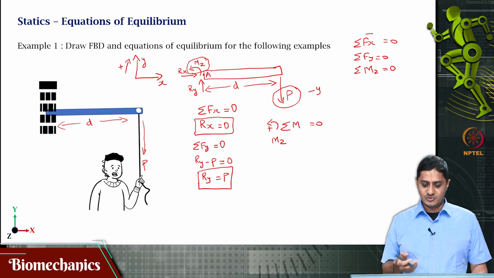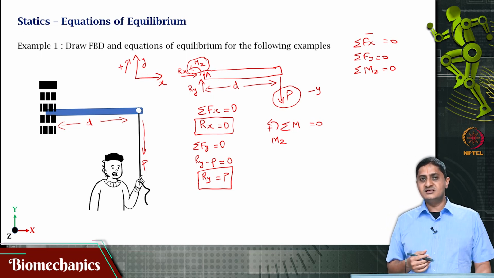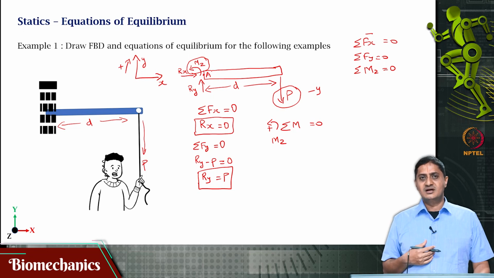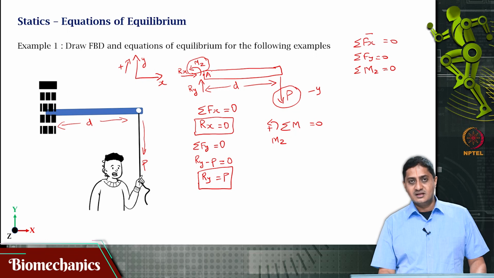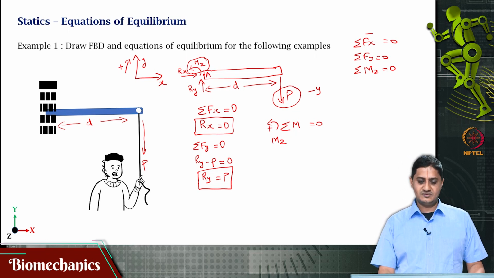When I am taking moment about that point, it turns out, because moment is a vector product of the force itself and the perpendicular distance between the line of action of force and the axis of rotation, and because at A the perpendicular distance between Ry and Rx is 0, these 2 forces do not cause a moment. Okay.